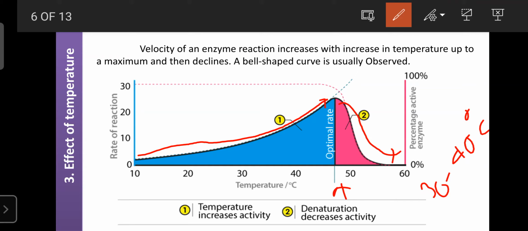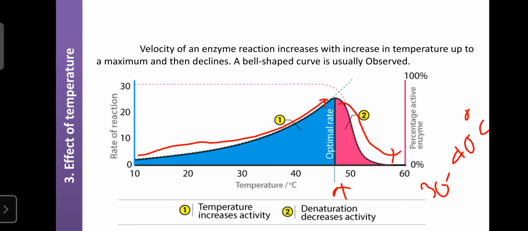As the temperature increases, those amino acids denature. So whatever enzymes are there, they all denature when the temperature of the reaction crosses more than 50. That's why the rate of reaction mainly depends upon a particular temperature, around 30 to 40 degrees centigrade. After that, the rate of reaction decreases.